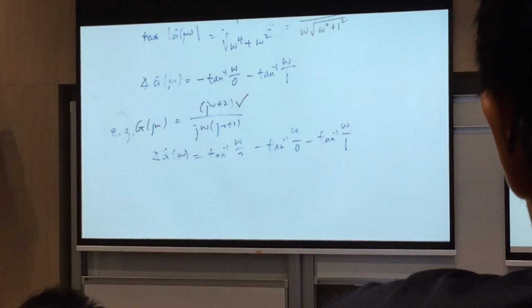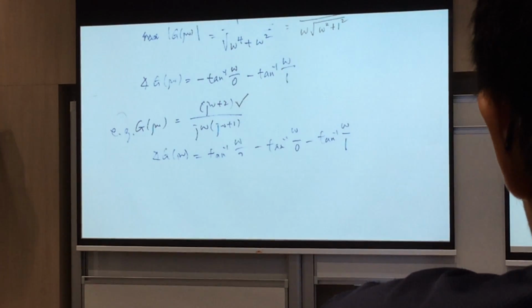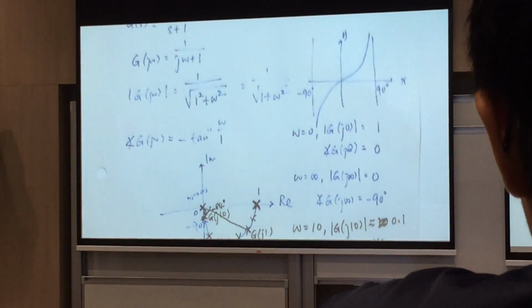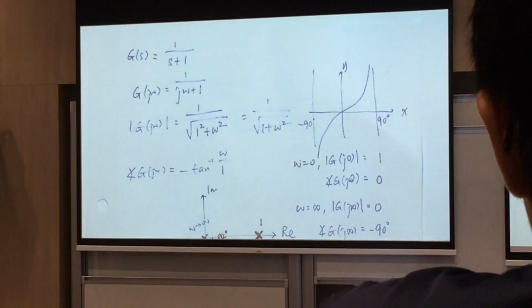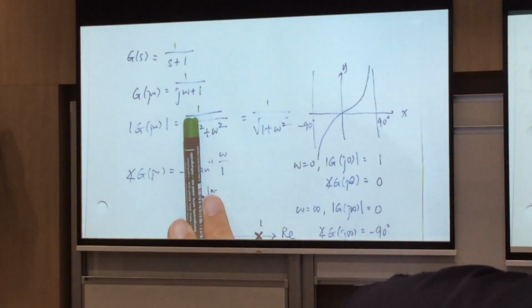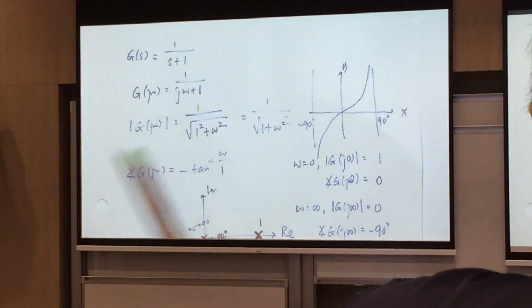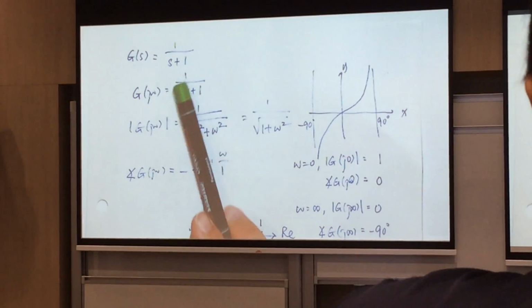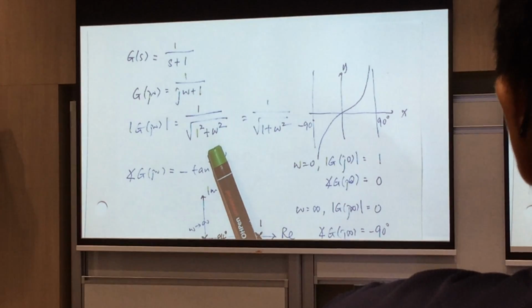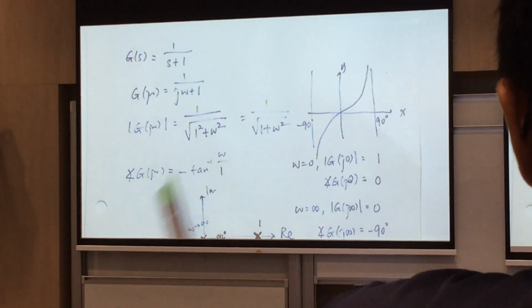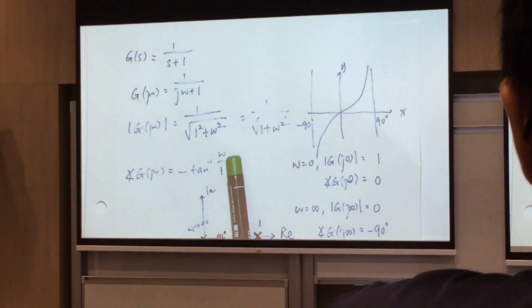Then we take it one step further. What happens if you have a simple pole, 1 over s plus 1? Substitute s is j omega. I hope all of you can tell me that the gain of this is now 1 over square root of 1 squared plus omega squared, and the phase is negative tangent inverse of the imaginary over the real.